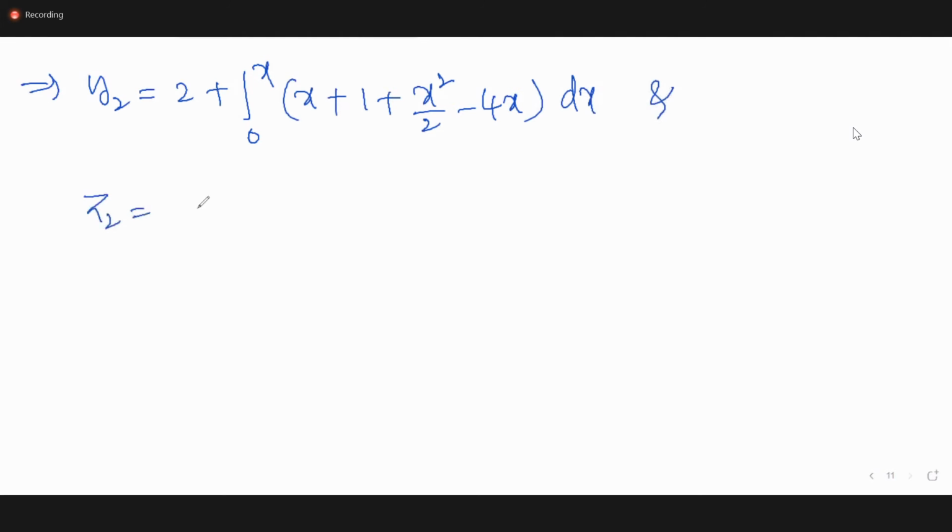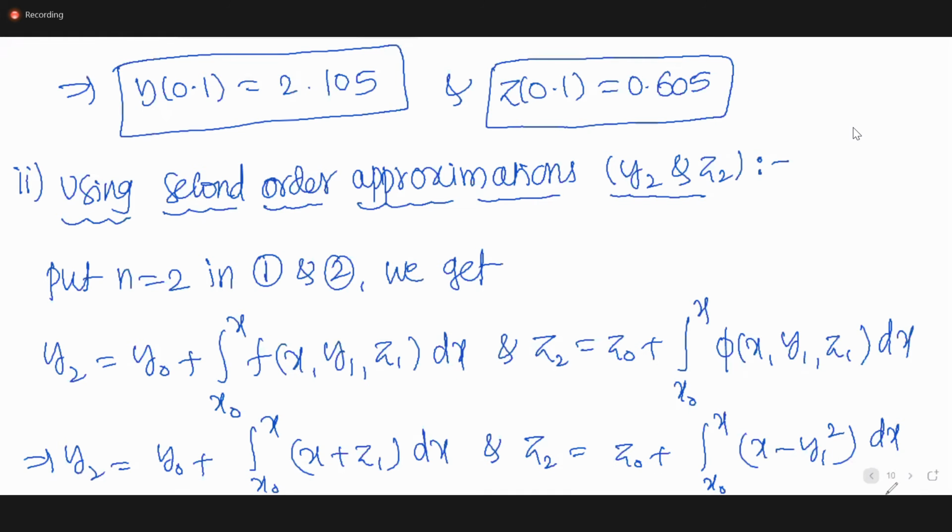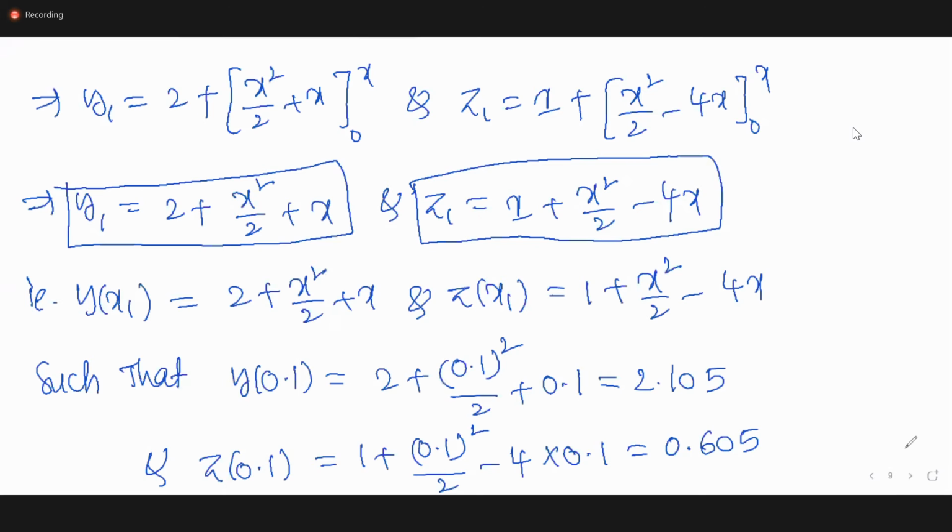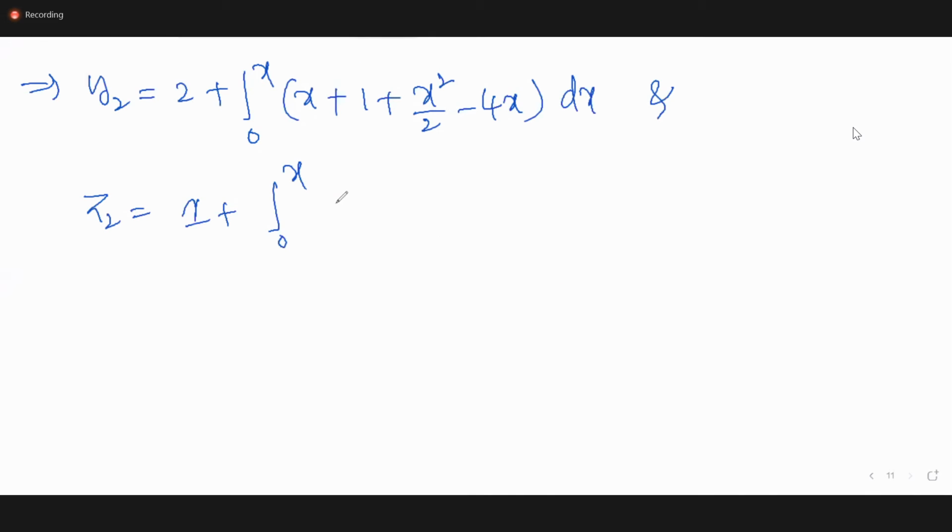And z2 is equal to 1 plus integration from 0 to x, x minus y1 square, x minus y1 square, x square by 2 plus x plus 2 whole square.